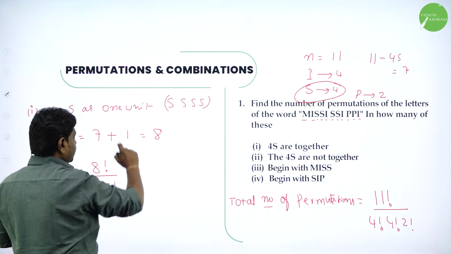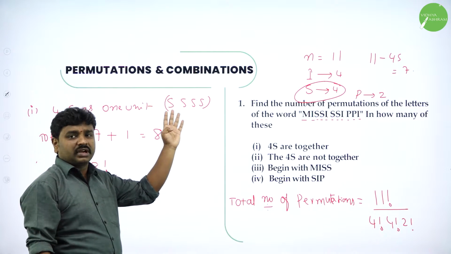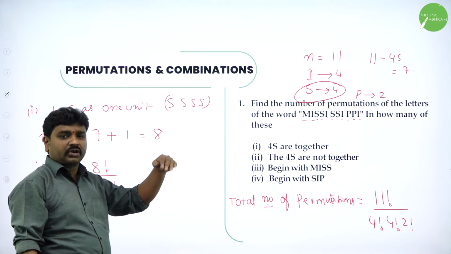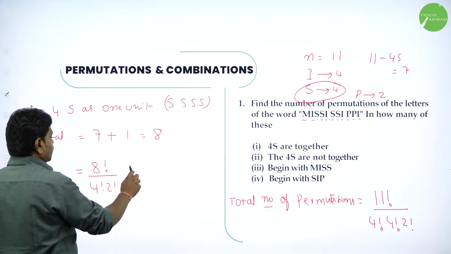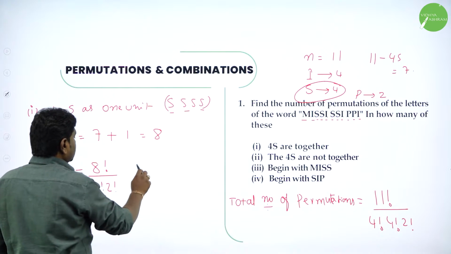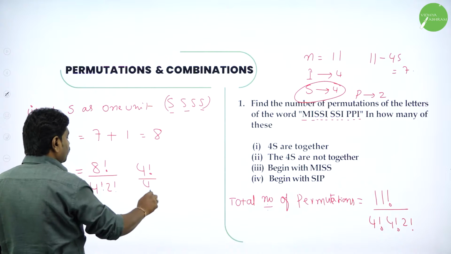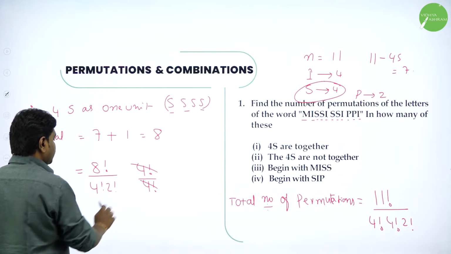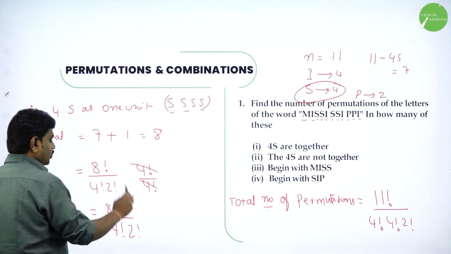So we took the S's as 1 unit. So these S's can be arranged in 4 factorial by 4 factorial because it is repeated. 4 factorial cancels, it will be 1. See these S, if they are different, 4 factorial, but they are same. So repeated 4 times, so 4 factorial we can arrange. This will cancel. The final answer is 8 factorial divided by 4 factorial into 2 factorial.